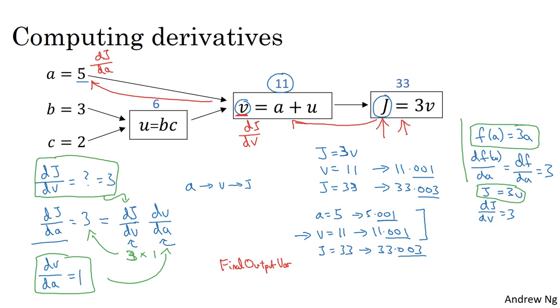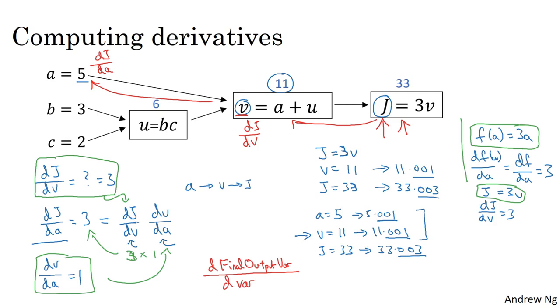And so a lot of the computations will be trying to compute the derivative of that final output variable with respect to some other variable. Let me just call that d var, right? So a lot of the computations you have will be to compute the derivative of the final output variable, really j in this case, with various intermediate variables such as a, b, c, u, or v.